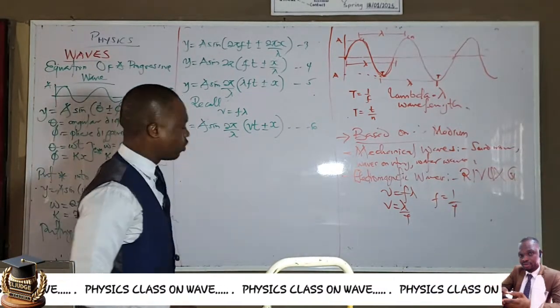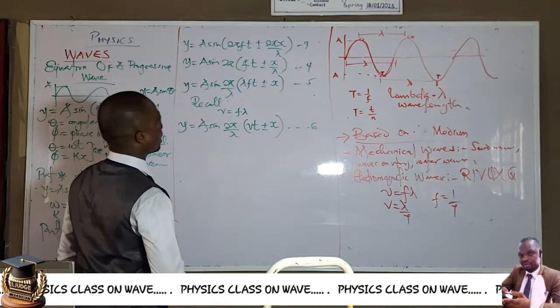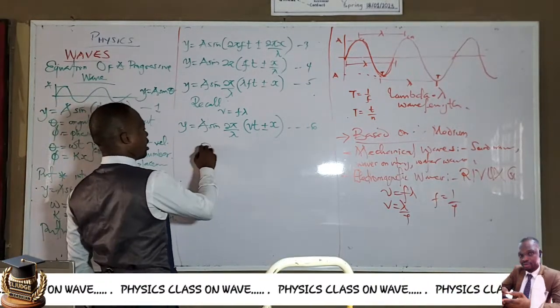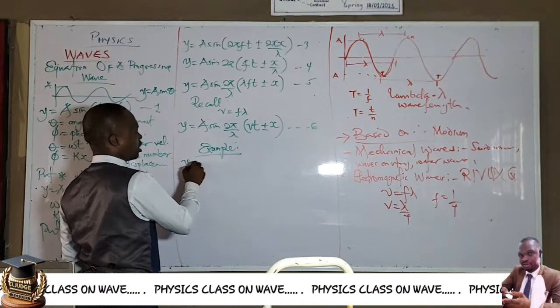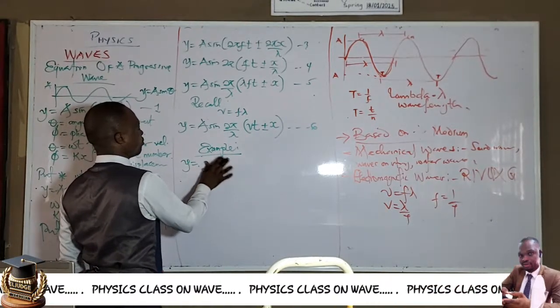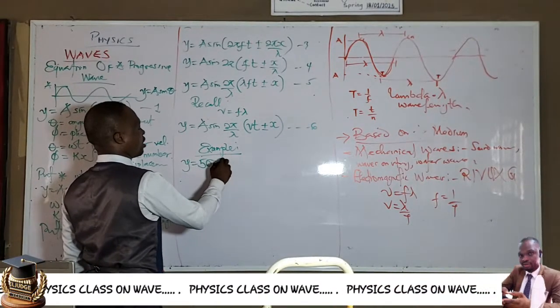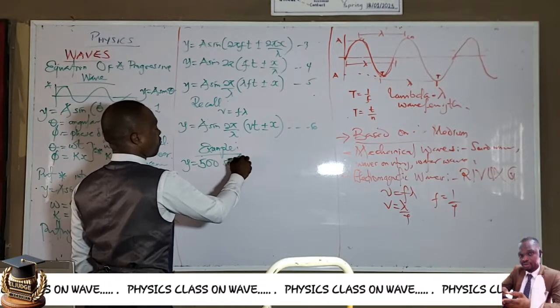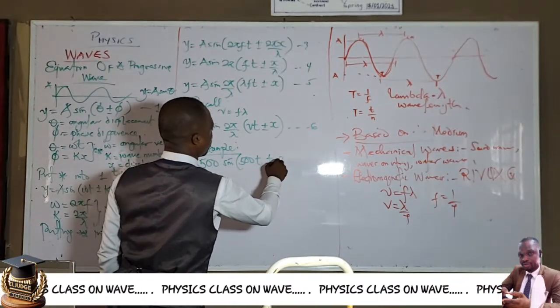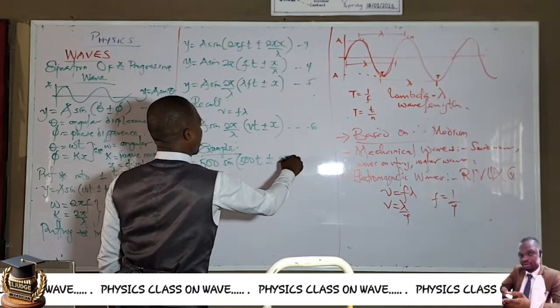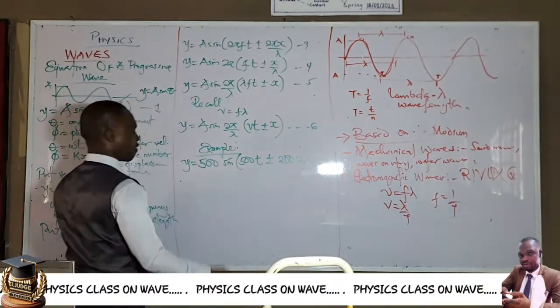Let's take one example before we end this part. A wave equation is given by y equals 500 sine (500 t plus or minus 200 x).